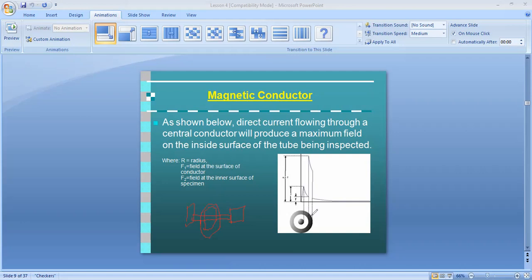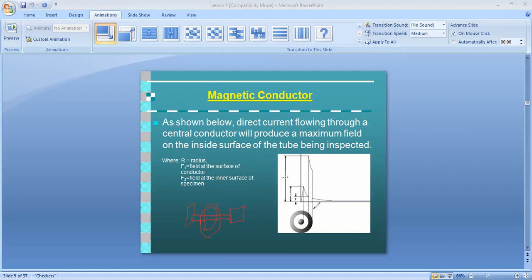Now you see very carefully here. Outside, the field is less. You see this field is less, but at the ID the field is high here. So why is this field high at the ID? Because this material is ferromagnetic.